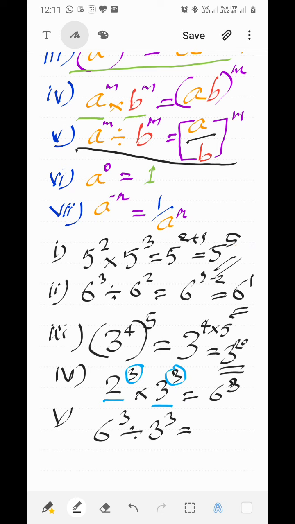What we can write? 6 by 3 raised to 3. 6 by 3 is what? 2. So last answer is 2 raised to 3.